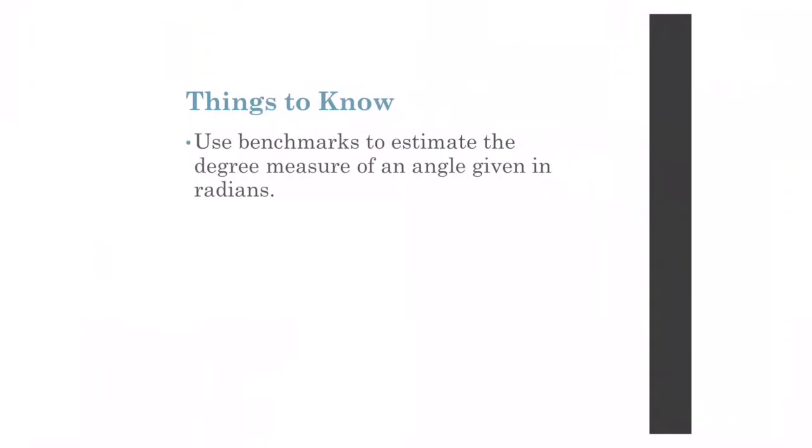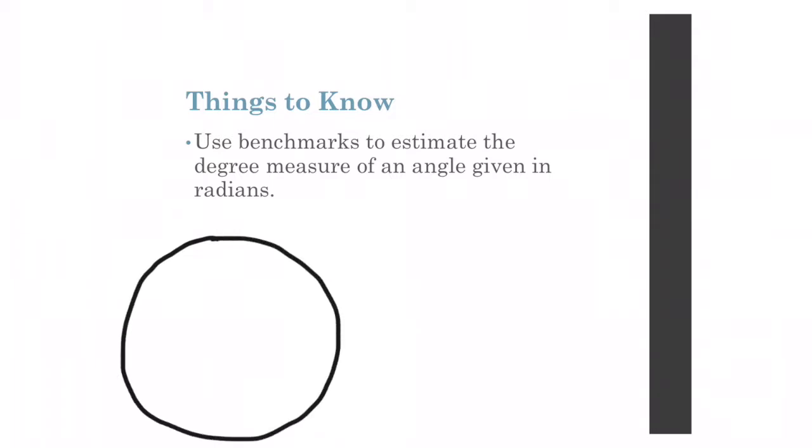Okay, so the benchmarks that we're going to use, and I should have drawn a circle. So pretend this is a good looking circle. Okay, so if I just break my circle up a little bit, so that we can look at some measurements here. Okay, so we just said that going around a complete circle is equal to 360 degrees, and that we said is equal to 2 pi.